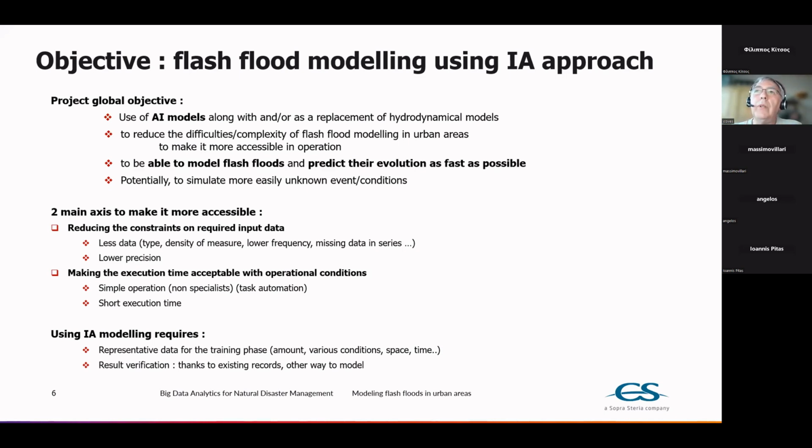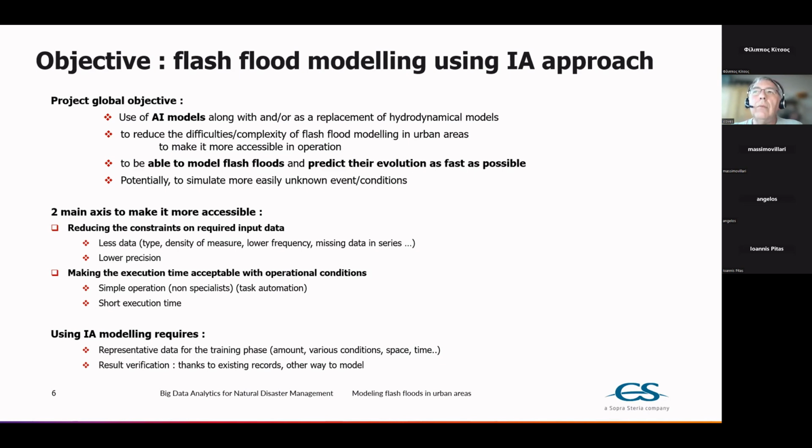And I will show you the way we are trying to address that. So as I said, the two main axes were reducing the constraints. So it could be less data or lower quality data, not so dense, lower frequency, missing series and stuff like that.